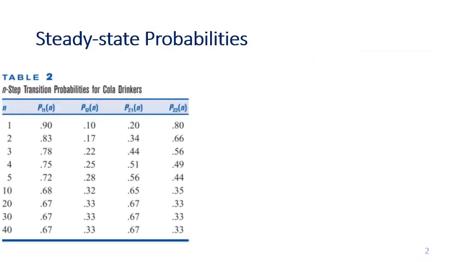If you recall this table from the cola example, you can see that as n grows from 1, 2, 3 up to 40, when n is large, like 40, the probability that a person will purchase cola 1 is 0.67. The probability that a person will purchase cola 2 is 0.33, regardless of whether he is currently buying cola 1 or cola 2.